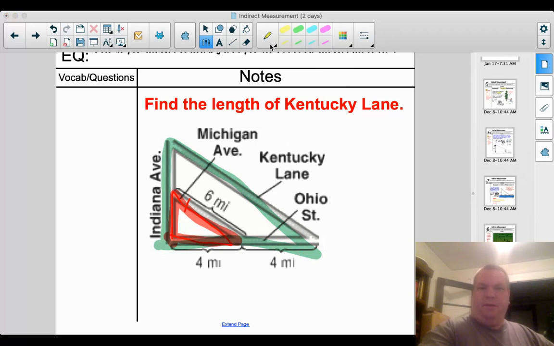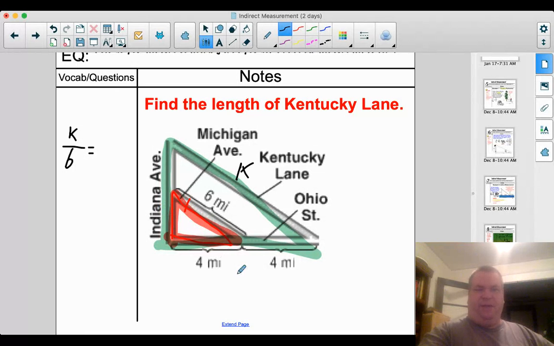All right, so if I am trying to find Kentucky Lane, that's this right here. Let's call that K for Kentucky. So in the proportion, K, the long side, is going to correspond to the 6. If I look for the other pair of corresponding sides, I don't know this side.